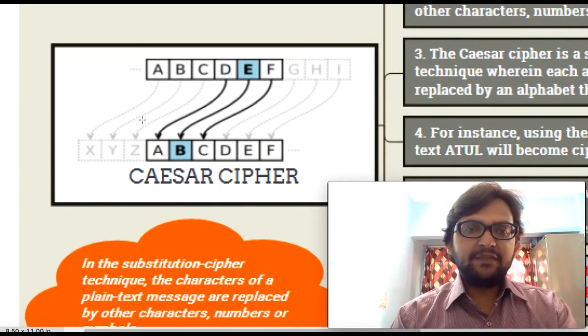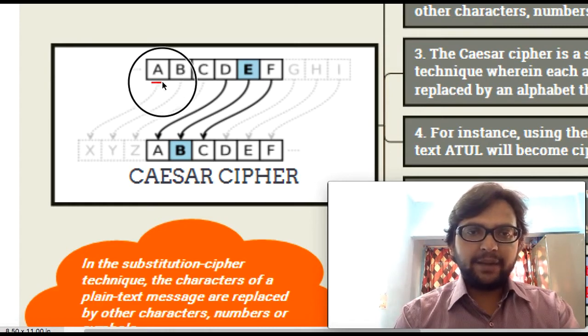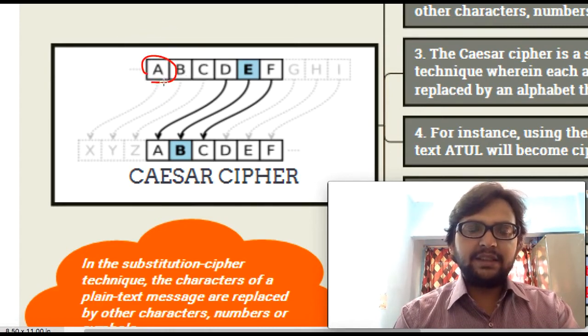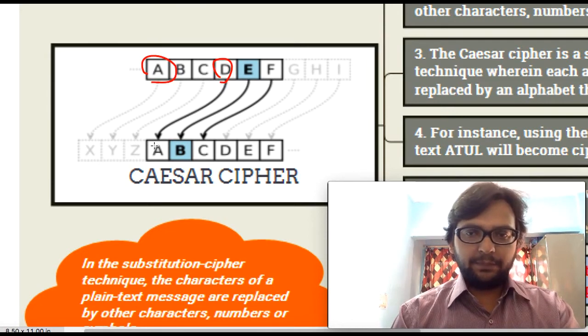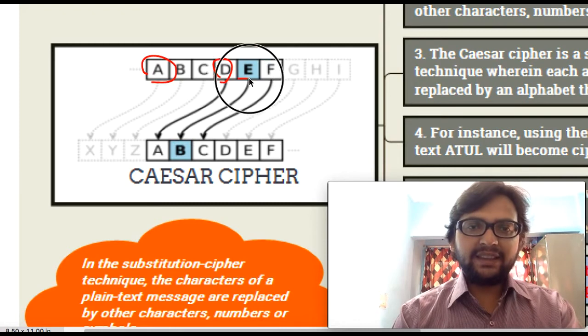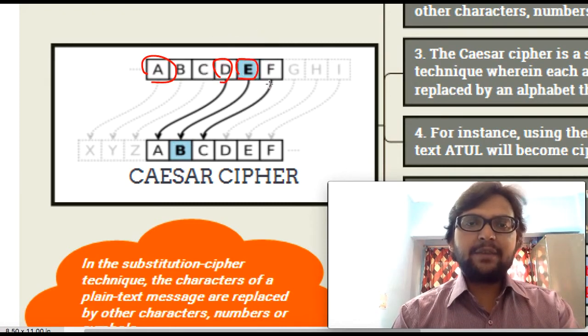If my message is ABC, what we basically do is replace each alphabet present in our message with its third position alphabet. From A, the third position alphabet is D. So I'm going to replace A with D, B with E, and C with F.